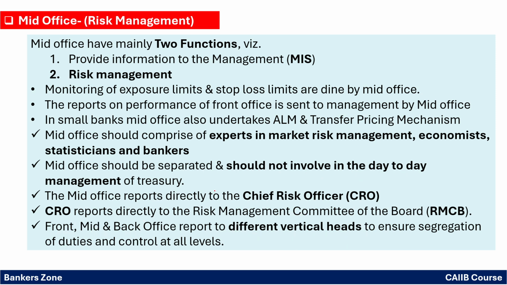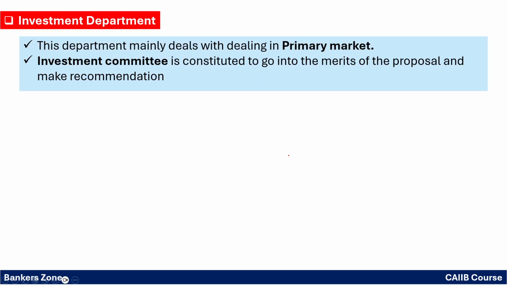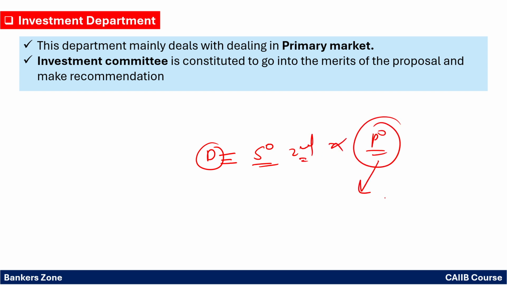Okay. So in one line, you tell me, what is the function of the mid office? Risk management is the function of the mid office. Okay. Apart from that, we have one department called the investment department. See, the dealers in the front office dealing room do investment only in the secondary market, and not the primary market. So who can do the investment in the primary market?